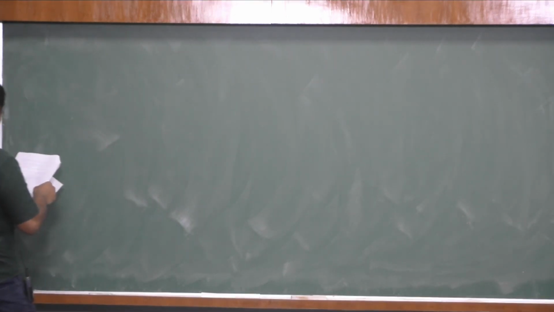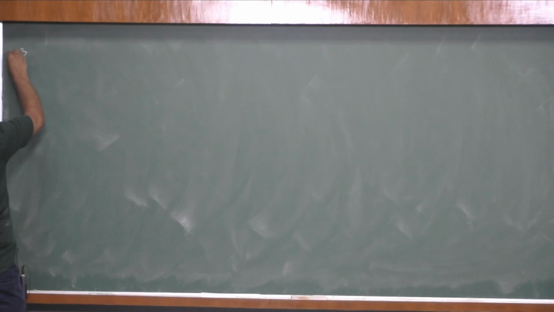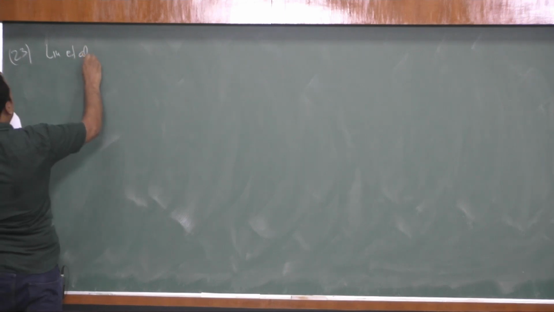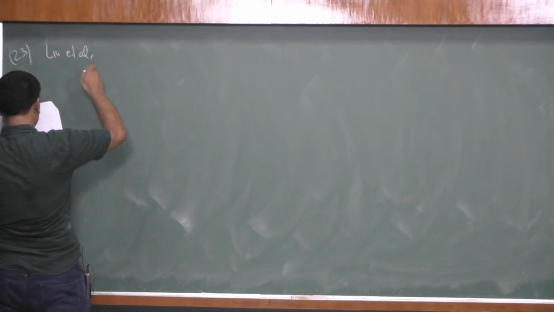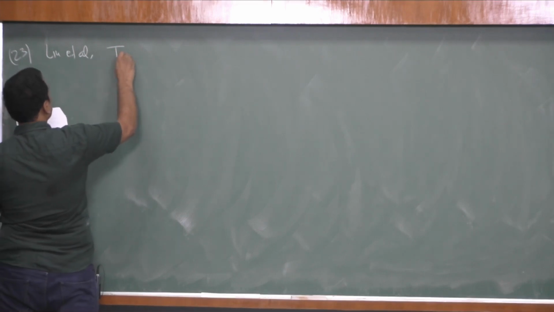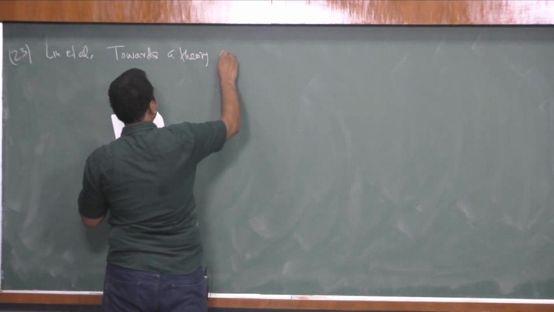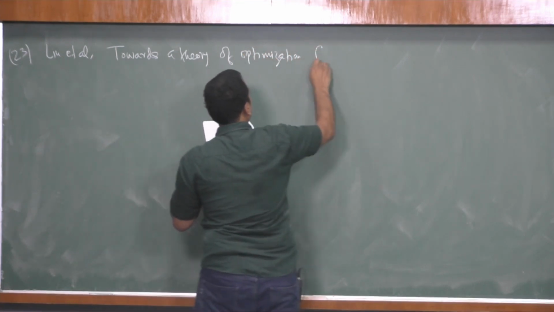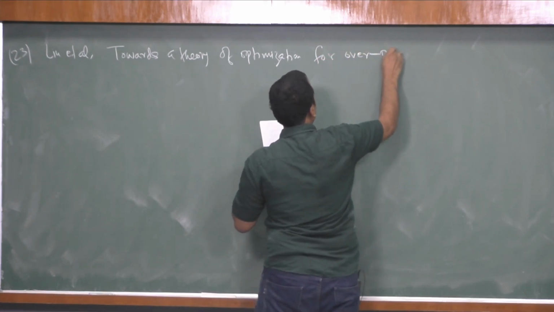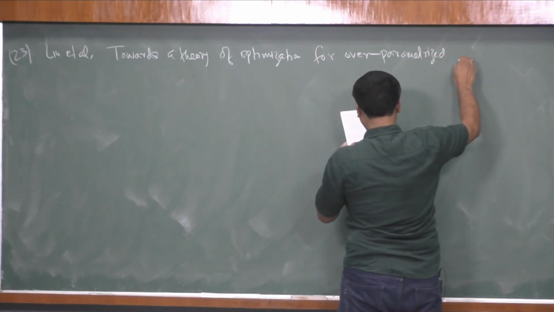So 23, let us say first, is Liu et al., Towards a Theory of Optimization for Over-parameterized Systems.